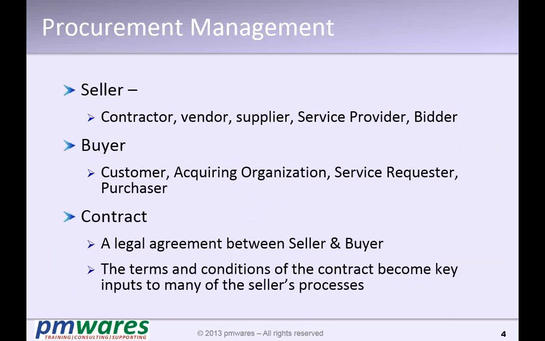Before we go to the processes, let's see what the common terms are. There is a seller, which is also called contractor, vendor, supplier, service provider, bidder, etc. There is a buyer, also called customer, acquiring organization, service requester, purchaser.